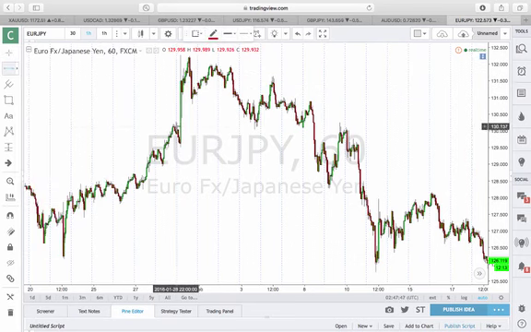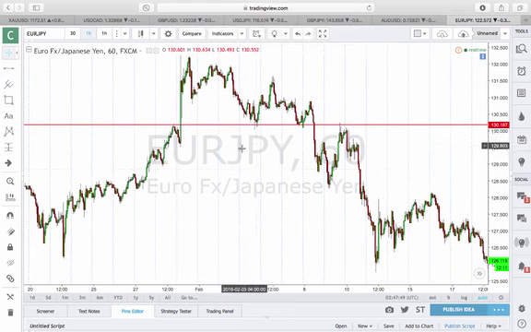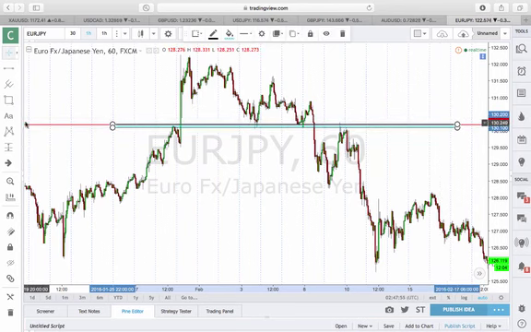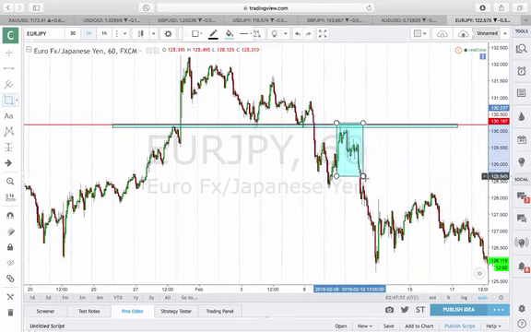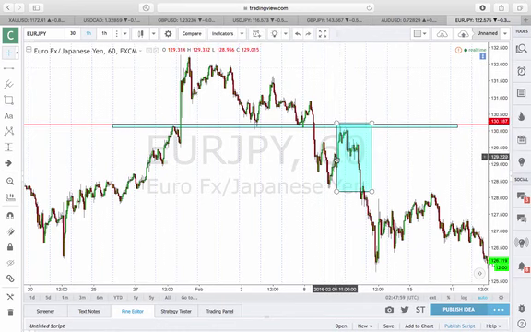All right, so I see a level of support here and resistance, and I could draw a zone out from that area. Say you didn't see anything here. Okay, so now you have an area of support. You see that price is moving up. You're waiting for it to test.